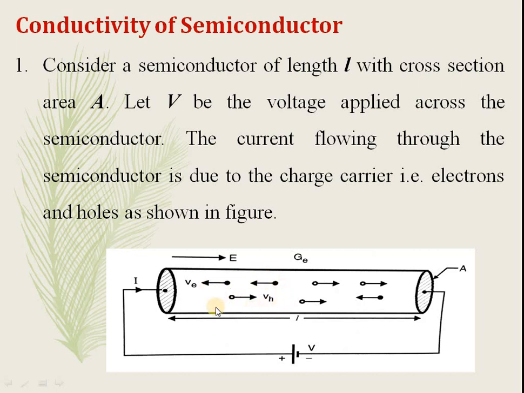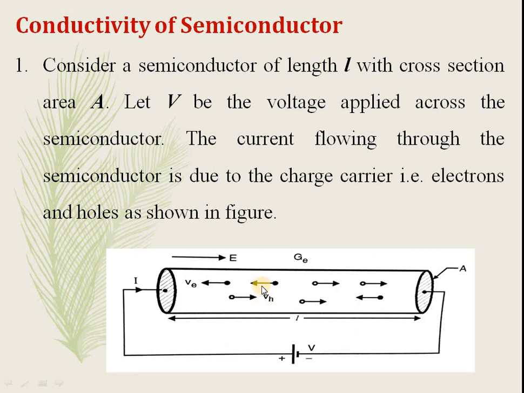So here, this is the total semiconductor whose length is considered as L. A voltage is applied across it so that electrons are attracted towards the positive terminal, whereas the holes are attracted towards the negative terminal.